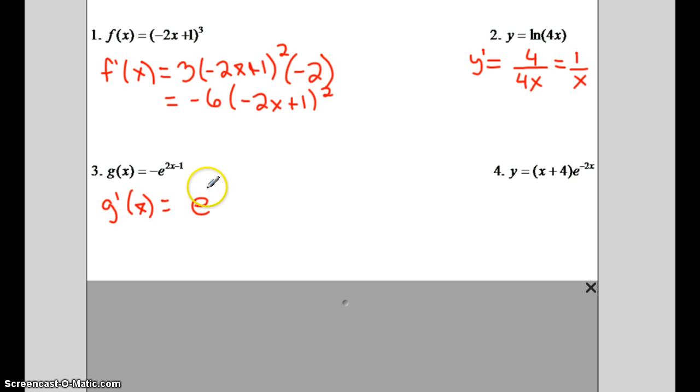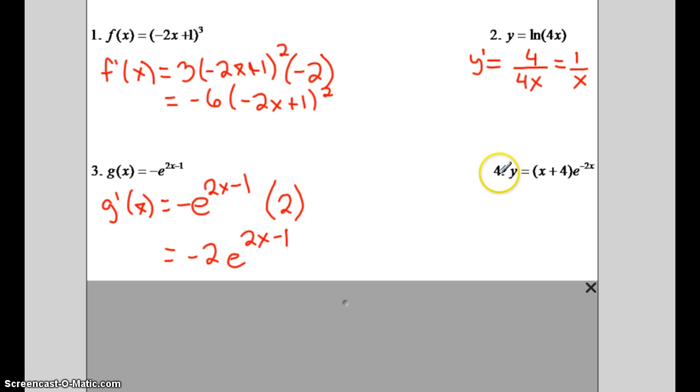So e to the 2x minus 1 does not change. And this negative sign has to follow with us because it's our coefficient. But then I'm going to multiply by the derivative of the exponent, which is 2. So now if I simplify this, I'll have negative 2, and then e raised to the 2x minus 1. And that's it.